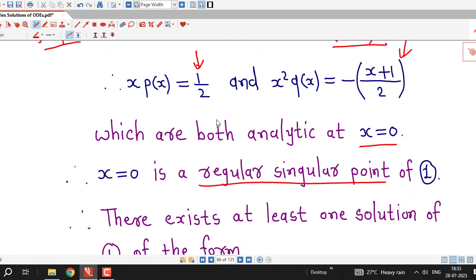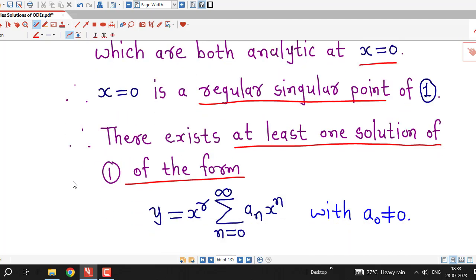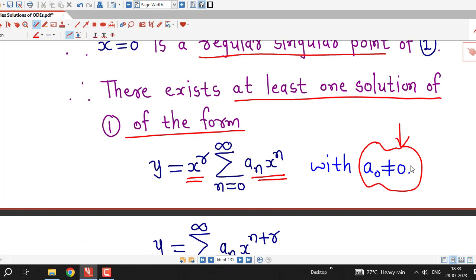So by the Frobenius method we can say that there exists at least one solution of the given equation of the form y = x^r Σ aₙ xⁿ, n = 0 to infinity. And here we assume that a₀ is not equal to 0. Why we are assuming a₀ not equal to 0, we will discuss as we proceed further.